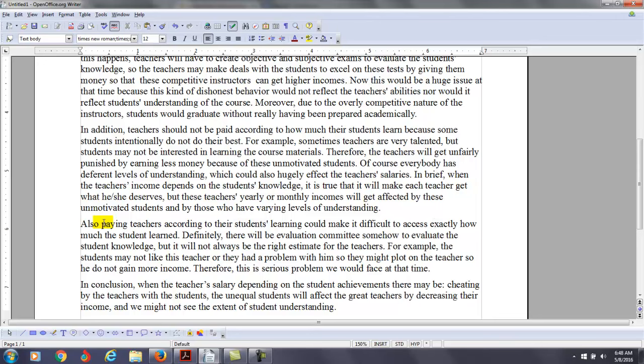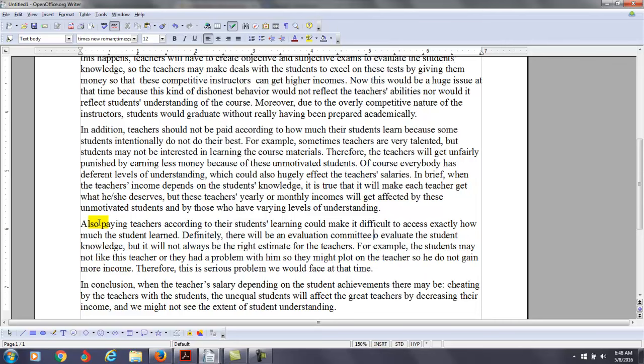So we have here, paying teachers according to the student's learning could make it difficult to assess exactly how much the students learned. Definitely there will be an evaluation committee to evaluate the student's knowledge, but it will not always be the right estimate for the teachers.